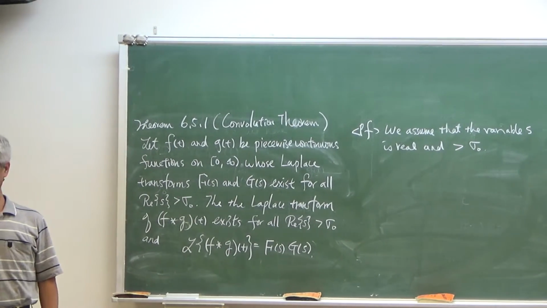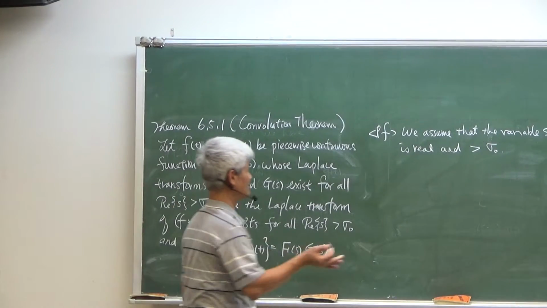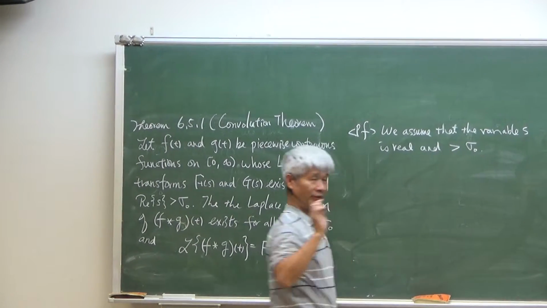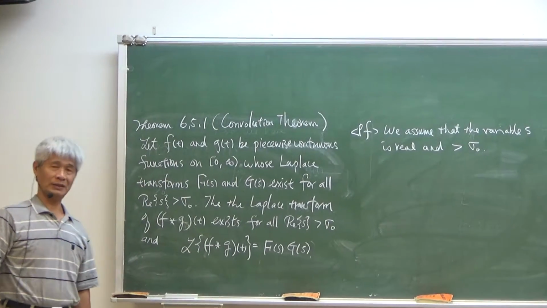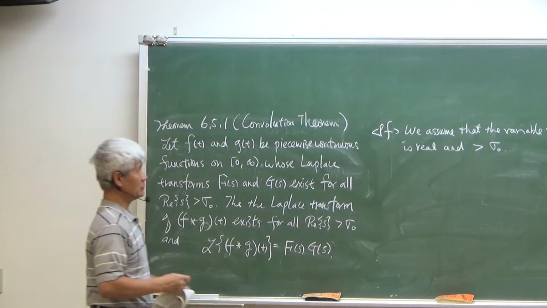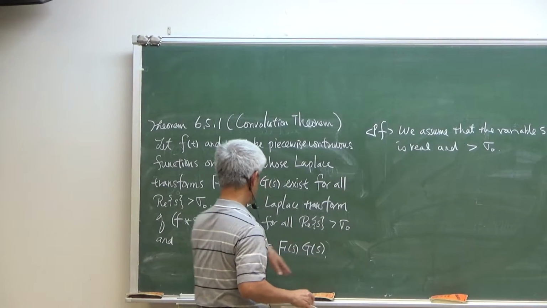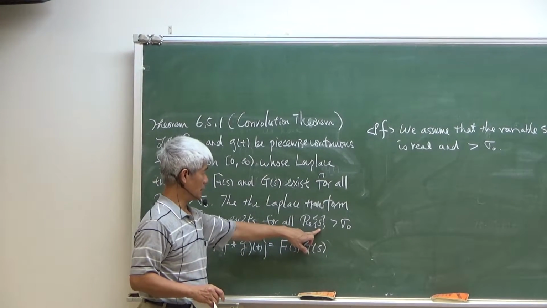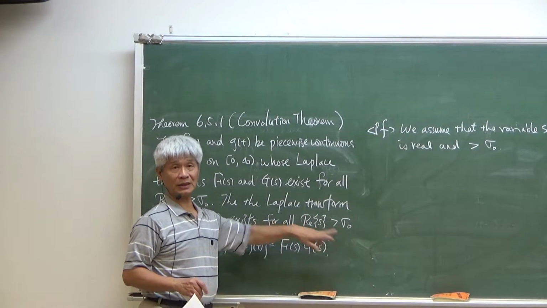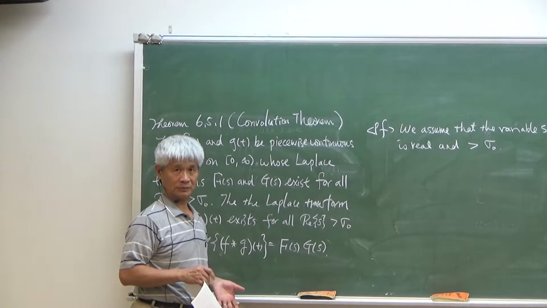We haven't. So I just assume that the variable s is real, and as I mentioned before, if this is true, then for any complex value of s with real part greater than or equal to 0, it is also true.